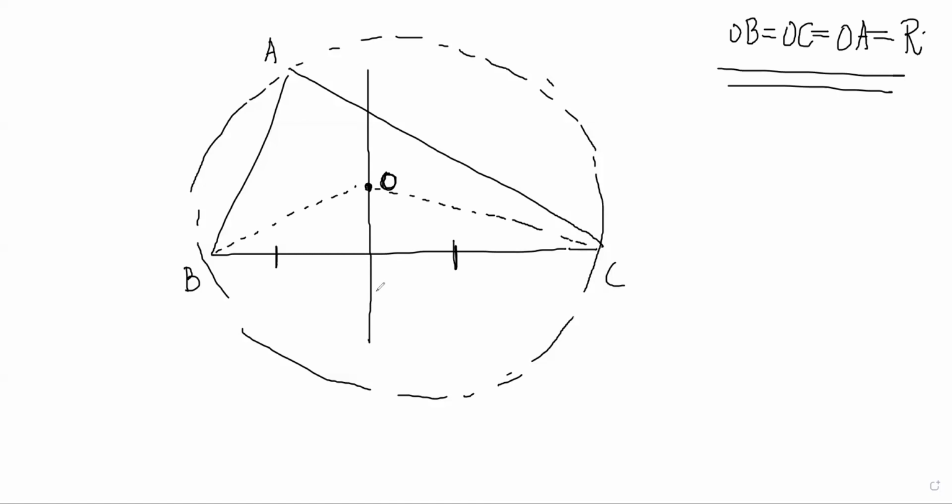So can you see that this angle A is an angle on the perimeter of the circle, and this angle is the angle at the center by the same chord, right? Yes, sir. Chord is BC. The chord makes an angle A at the circle, and it makes an angle BOC at the center, right? Yes, sir.